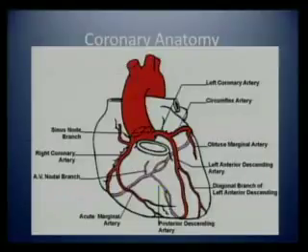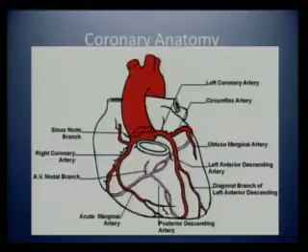It comes off from the base of the aorta. We have the right coronary sinus that gives rise to the RCA, and the left coronary sinus, the left main, branches out to the left circumflex artery and the left anterior descending artery. The LAD supplies most of the left ventricle, and it goes up and wraps around the apex, and actually can give collaterals to the right system when you have obstruction here.